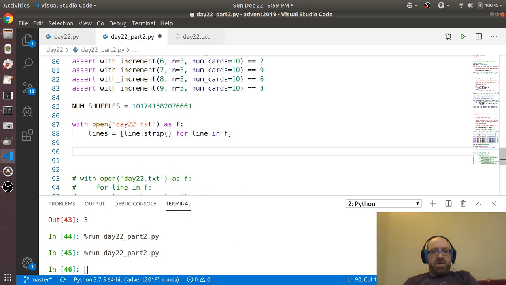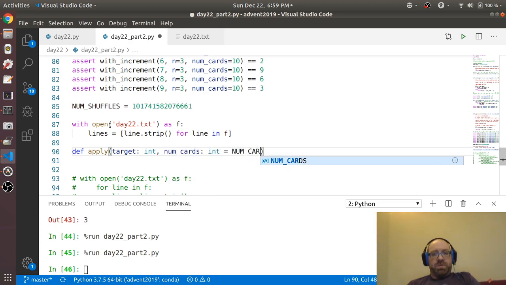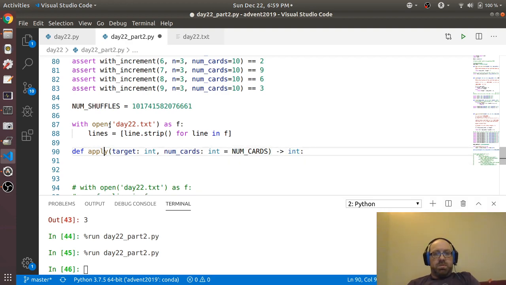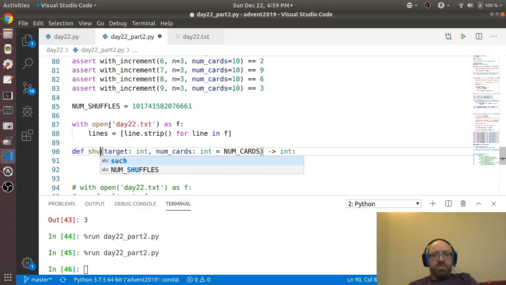So that's good. And let's say def apply, target, which is int, num cards, which is int, equals num cards. Let's call this shuffle.